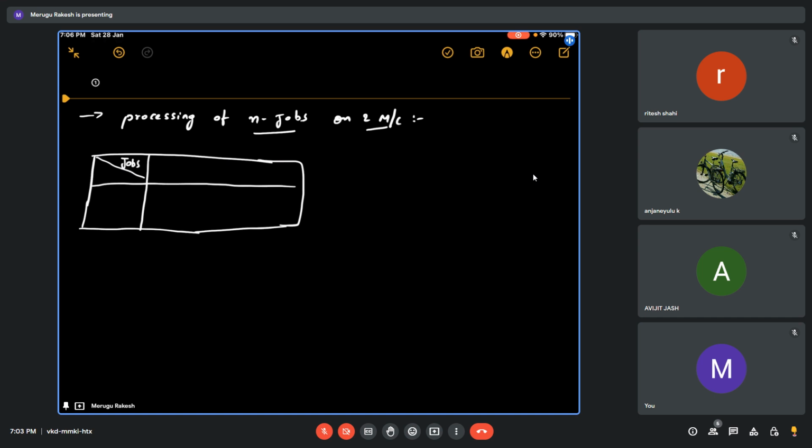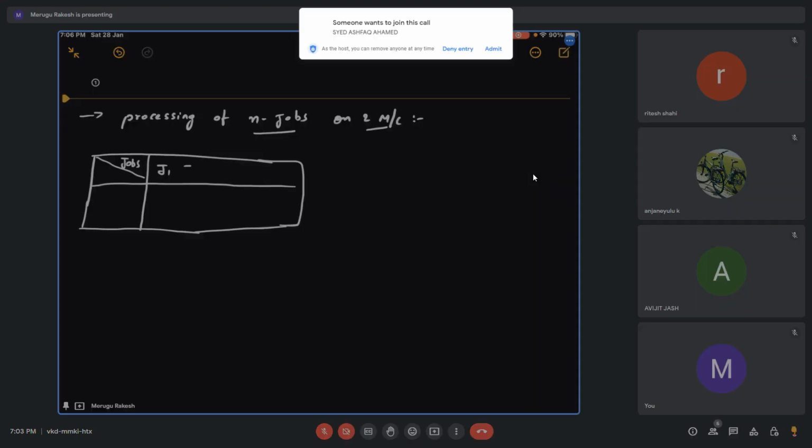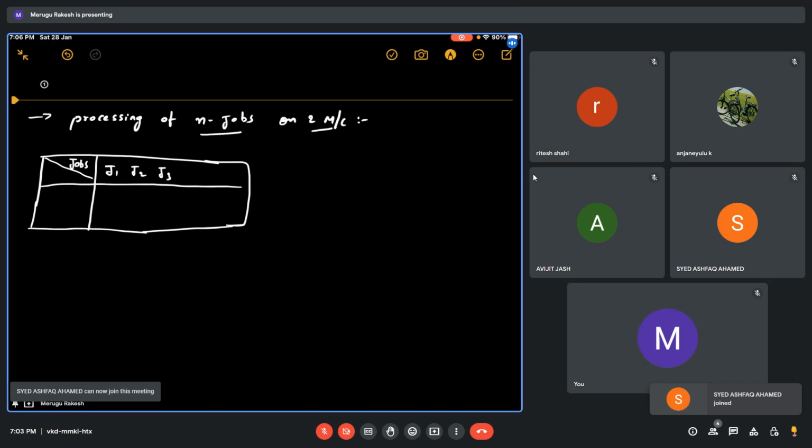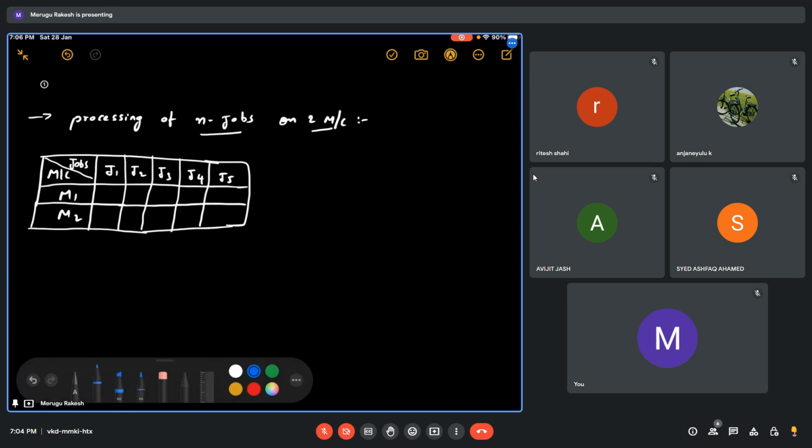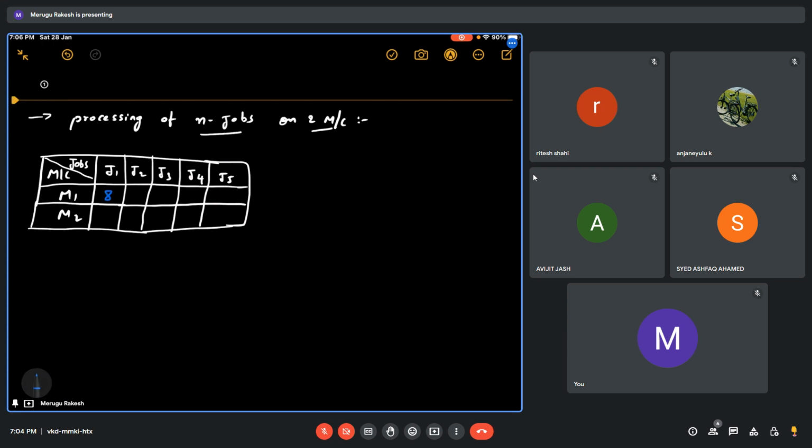These are the jobs: job one, job two, job three, job four, and job five. We will have machines, machine one and machine two. The values that are given are 8, 10, 11.